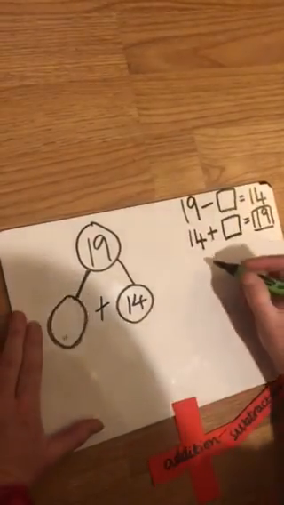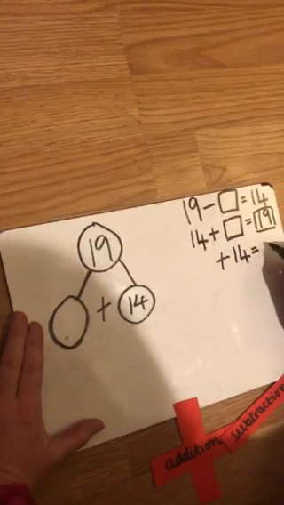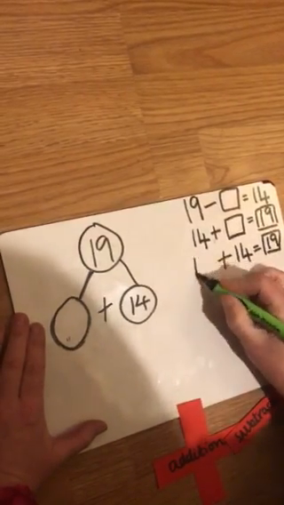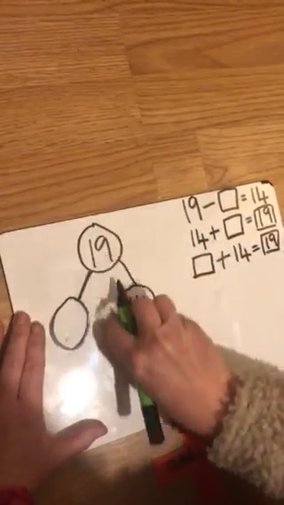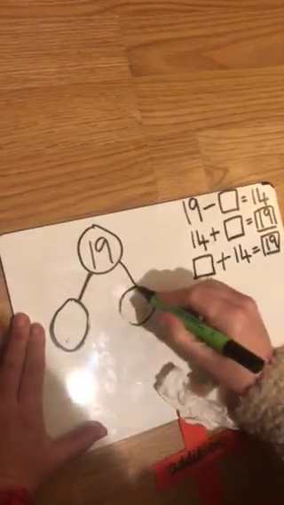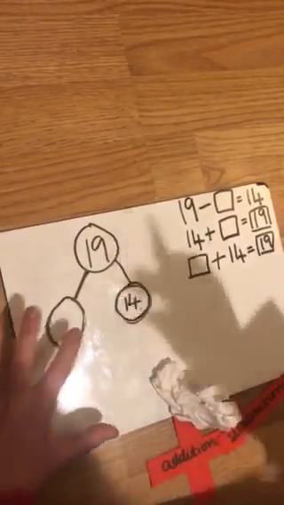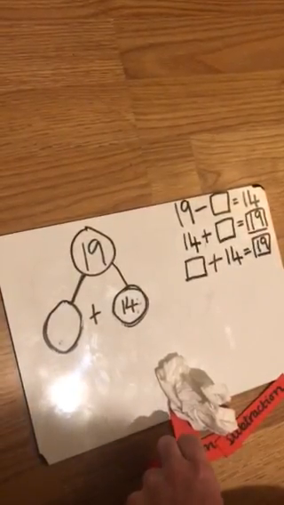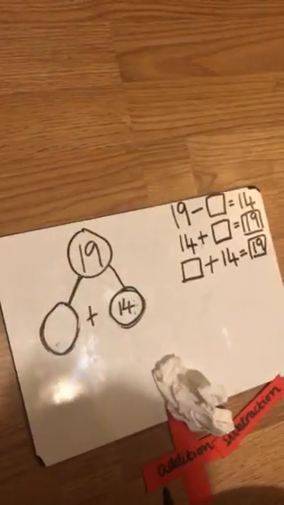We can also do this the other way round. So we would have 14 here, we would have our whole over here, and this would be our missing number. Okay, so our whole number stays the same as 19, and we're just working out what the other part is, because the two parts add up to give us our whole. So both of these parts make up our whole.